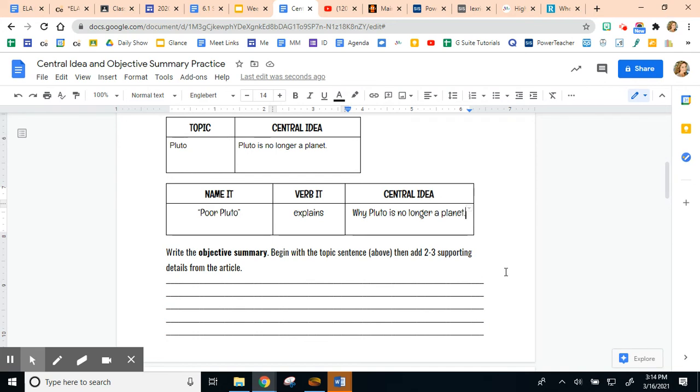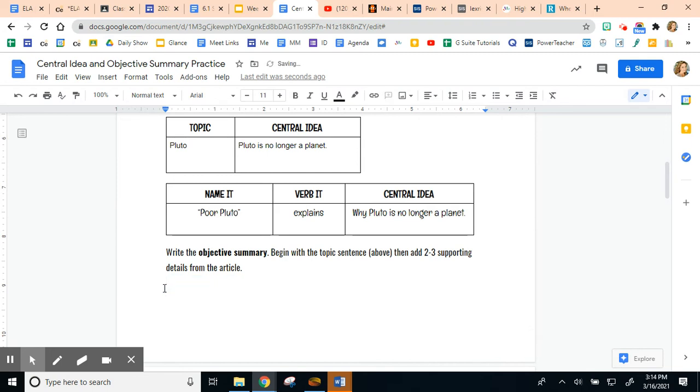Begin with the topic sentence above, and then add 2 to 3 supporting details from the article. So since I'm typing, I'm going to take the lines off. You are going to be writing on the lines. So we're just going to take what we put in the second chart. That's our topic sentence. We already have it written. So we put "Poor Pluto," that's the name of the article, explains why Pluto is no longer a planet.